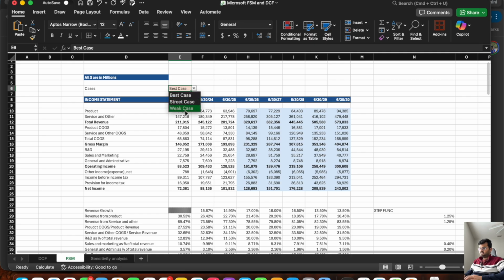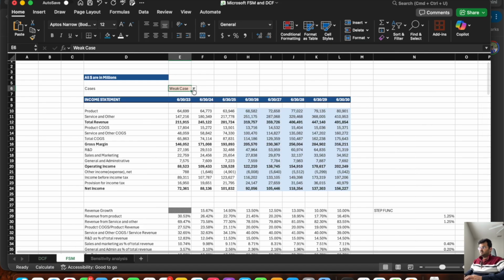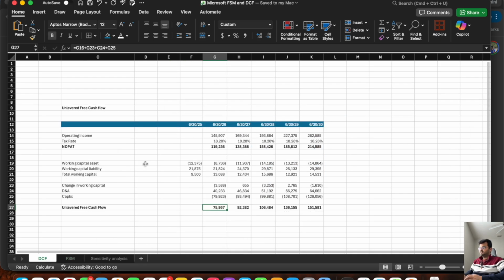If I switch from best case to weak case, you could see the number change from $85 billion to $61 billion. So in this way, I can just toggle to evaluate how the number will look in the best case and in the weak case. That's why I feel using that integrated modeling is beneficial in two ways. By doing the switch, we can figure out the best case, weak case, intrinsic value.